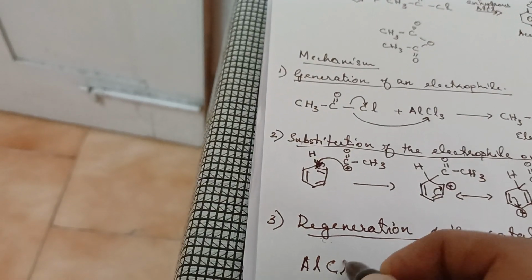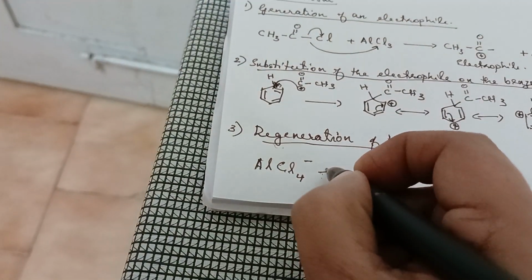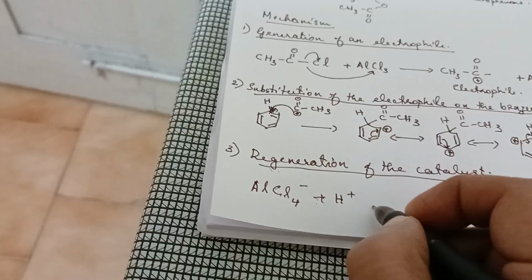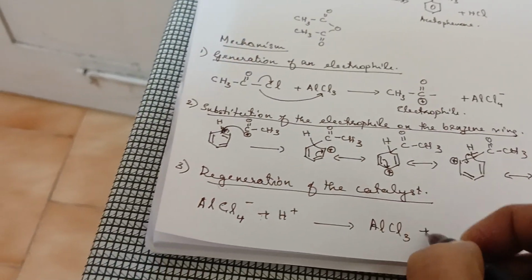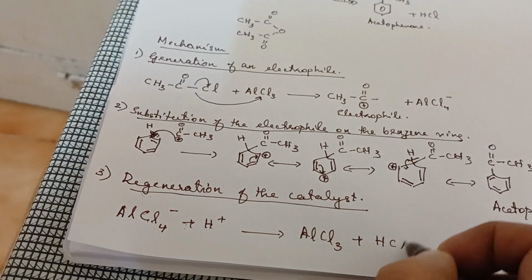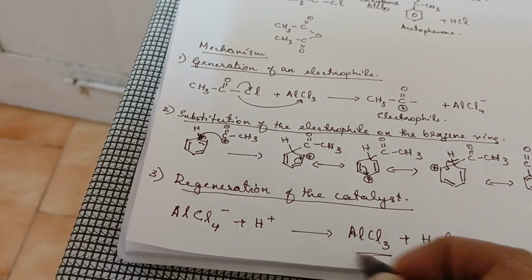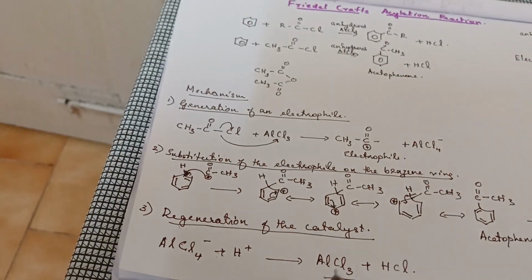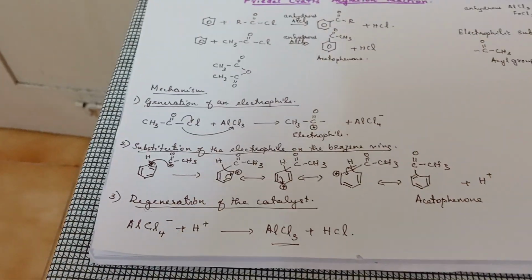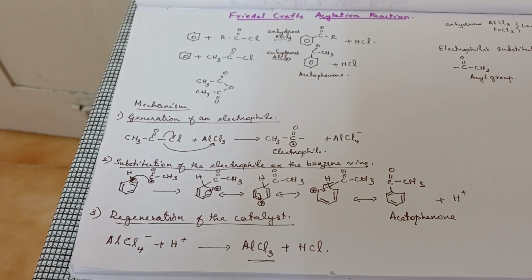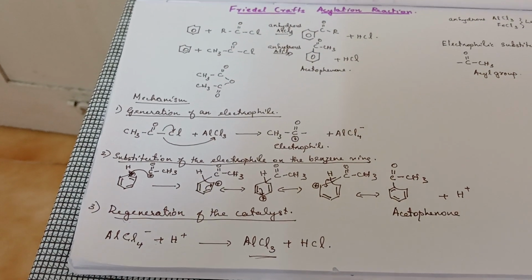So AlCl4 minus plus H plus will give you AlCl3 plus HCl. So this is your catalyst, and now you have got it back. So these are the steps involved in the mechanism of Friedel-Crafts acylation reaction.